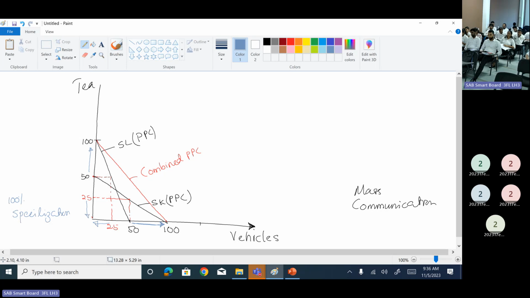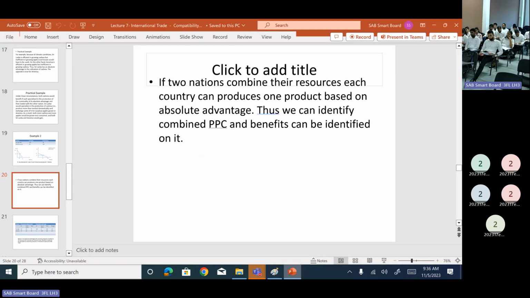Before the trade, Sri Lanka produced 50 and 25, and South Korea produced 25 and 50. With this specialization, they can increase the product which has absolute advantage. Sri Lanka increases the production of tea, and South Korea increases the production of vehicles. So you can see how much they produce. We can check this one.